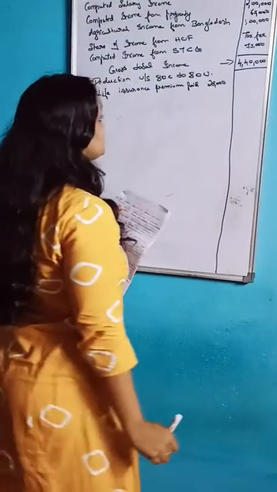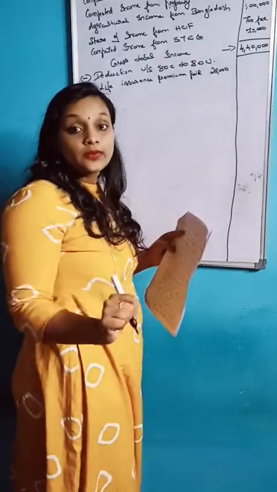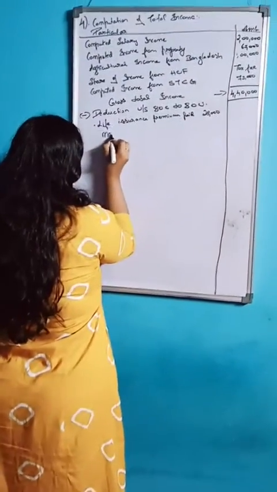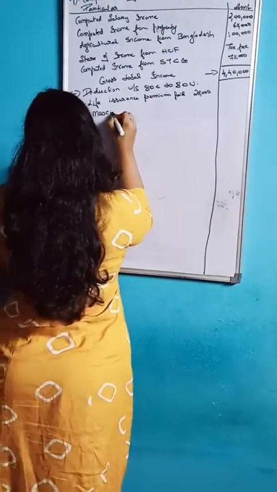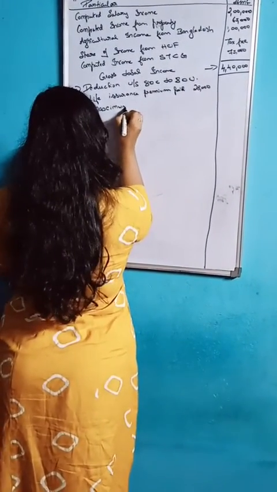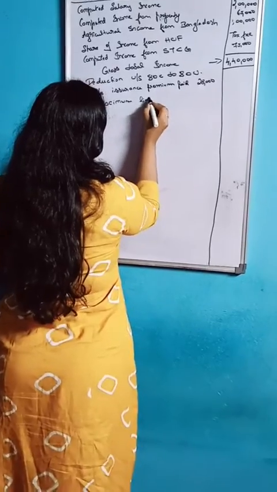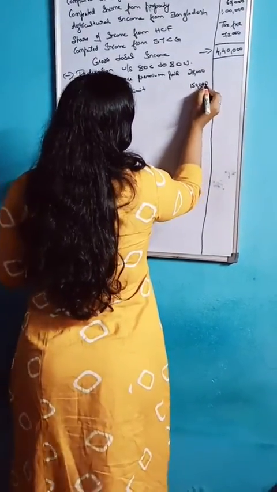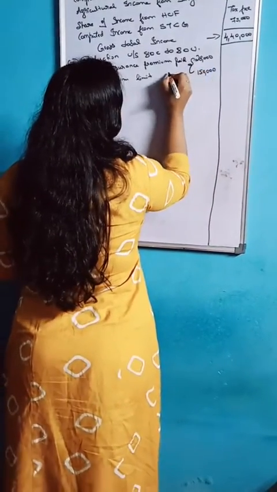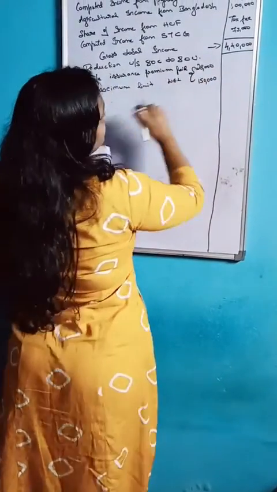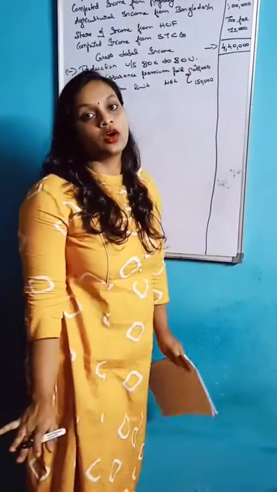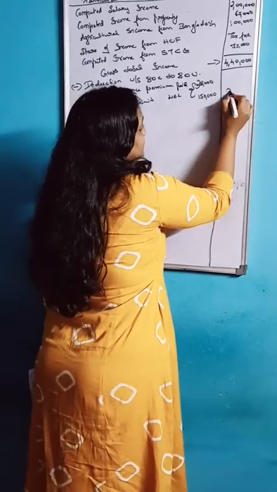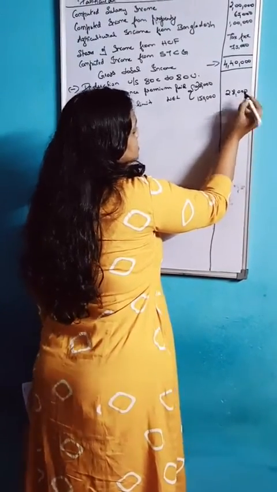Next, the maximum limit is 1,50,000. In this, whichever is less, you should write in the amount column. So in this, this one is less. So you write here 28,000.